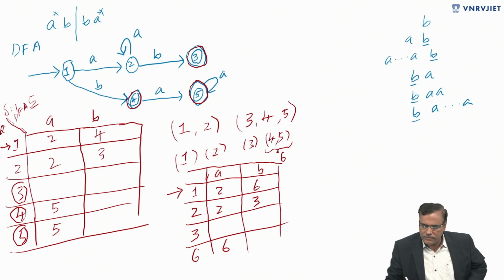And 6 is going to be a final state. And you also know that this 3 is a final state. Therefore, this 3 will also become a final state.